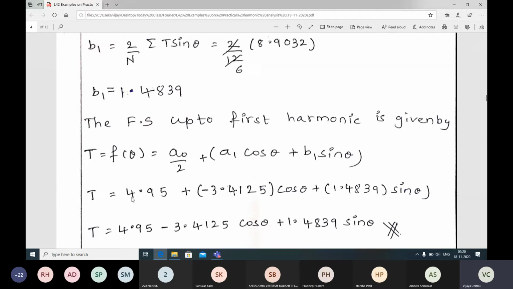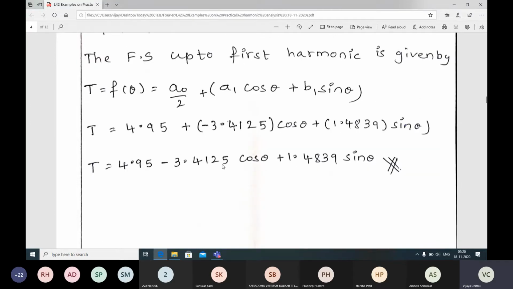So capital T is equal to 4.95 plus A1, which is minus 3.4165, cos theta plus B1, 1.4839, sin theta. So capital T is equal to 4.95 minus 3.4165 cos theta plus 1.4839 sin theta. This will be the required answer.